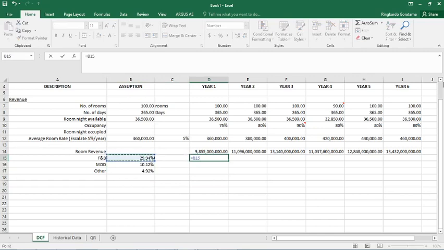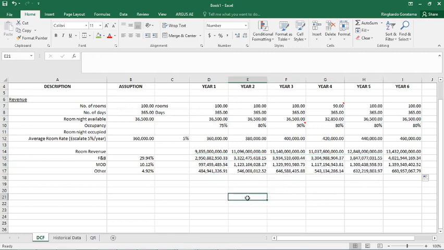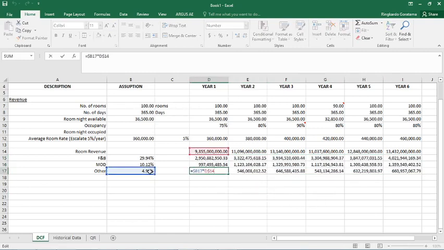So we multiply this with this. We lock the cell and we lock the 14 cell also. Okay, let's see the number. All right. So other revenue is 5% from here, 5% from here, and 5% here.